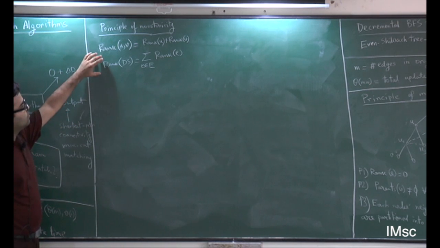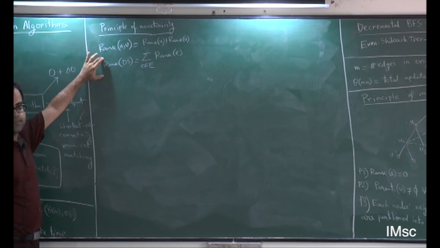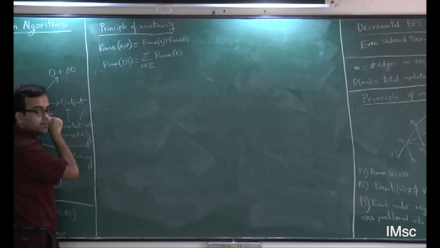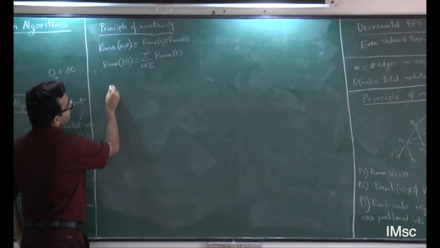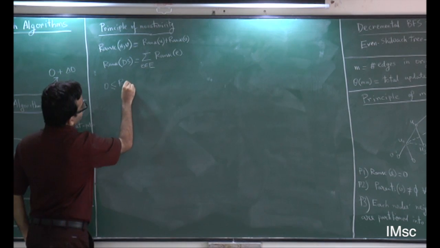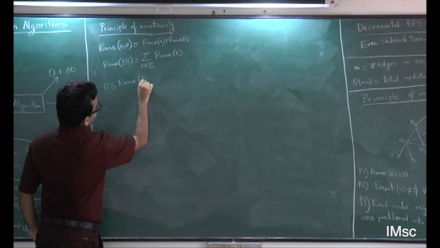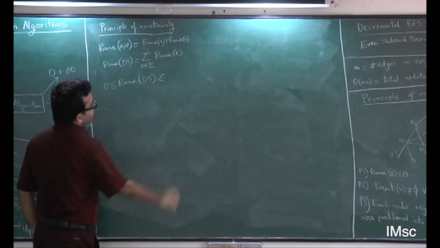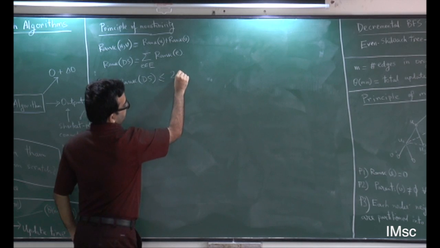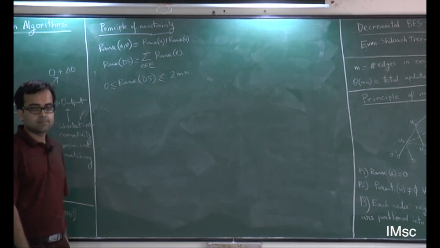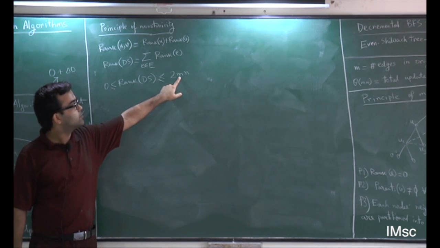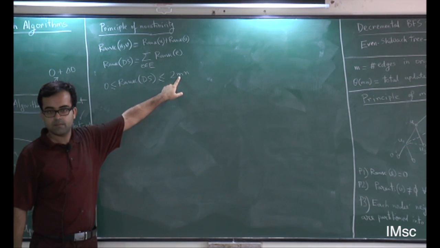Now, what is this rank of the data structure? What is the range of values that it can take? It is definitely non-negative. So, you know this, and it is at most, there are m edges in the beginning, and each edge can have rank at most 2 times n. Okay.